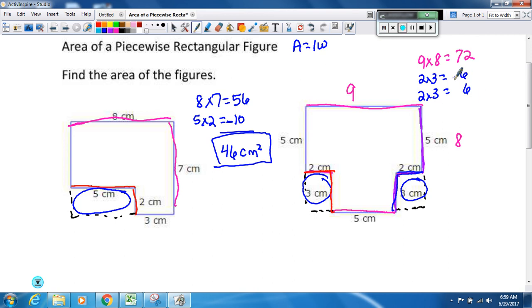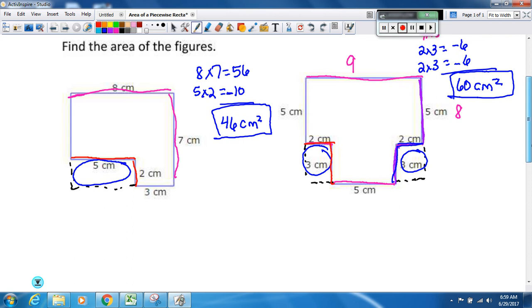And those are both holes, so you have to cut them out. So 72 take away 6 is 60 centimeters squared. So that one required a little bit more work because it was 2 holes that they cut out of your rectangle.